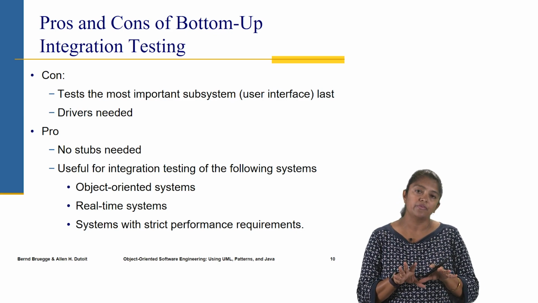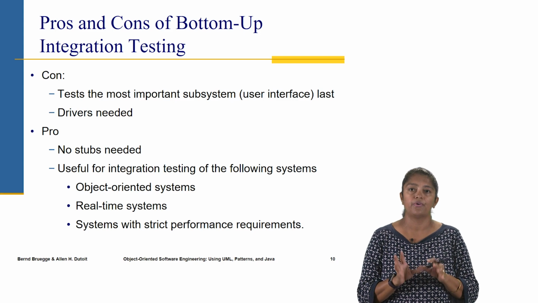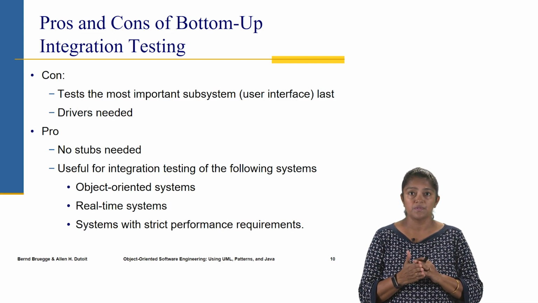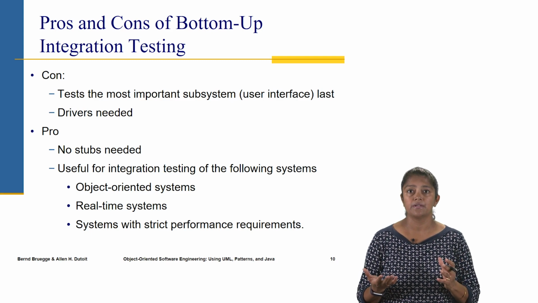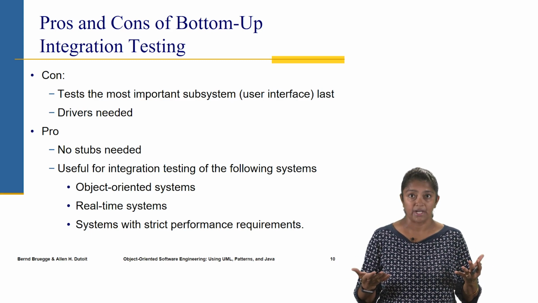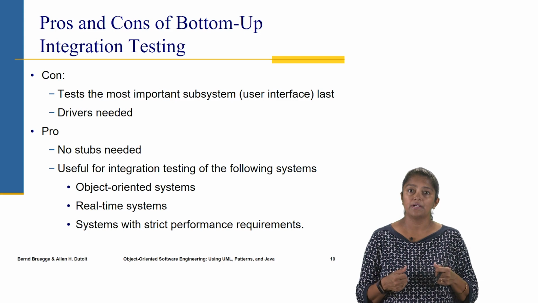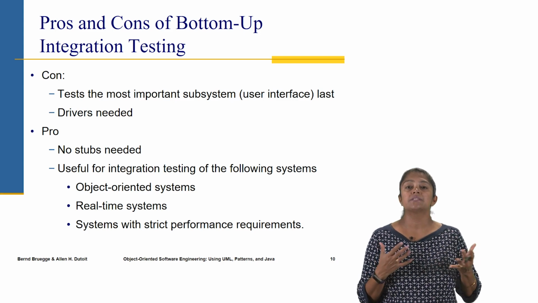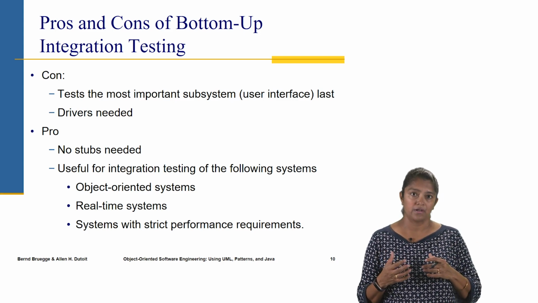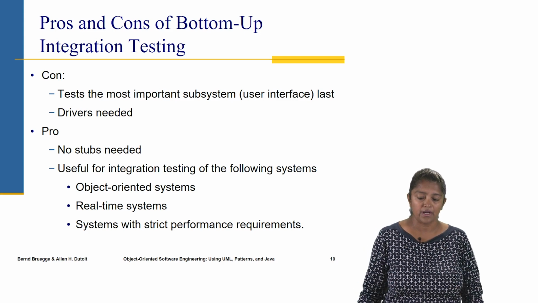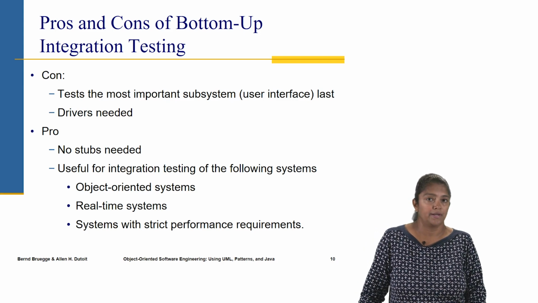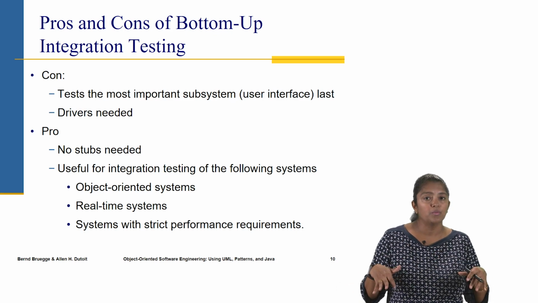Typically, this kind of strategy is useful for object-oriented systems where the entire structure of the software is in terms of objects. It's also useful for real-time systems, and systems where there are strict performance requirements. The reason it's useful for these three kinds of systems is that we're starting at the lowermost level.